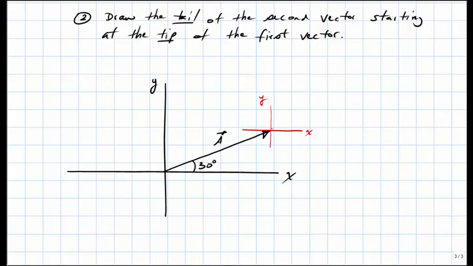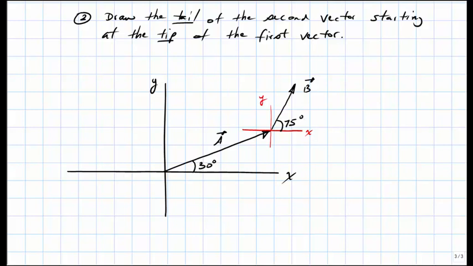So 75 degrees is roughly this angle that I'm drawing, and I'm trying to draw a vector that's about half as long as vector A. So there's our vector B. And we'll also note that this is our 75-degree angle.